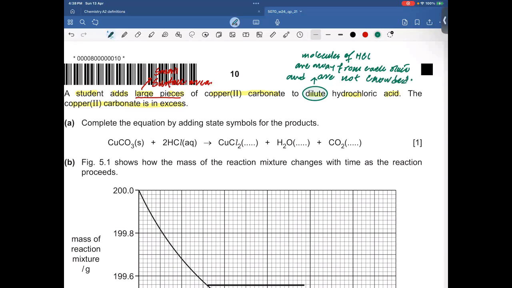Okay. And also this HCl is a limiting reactant because copper carbonate is in excess.